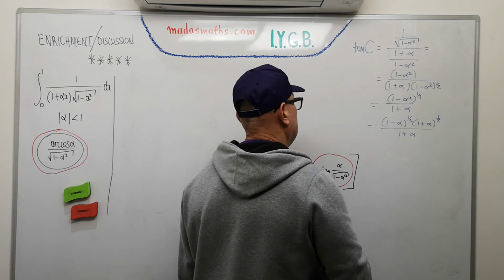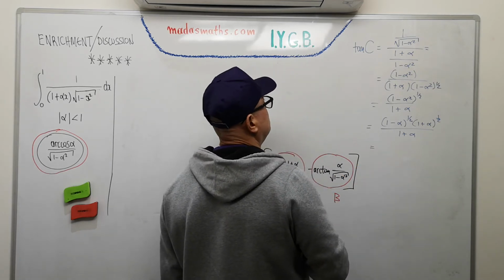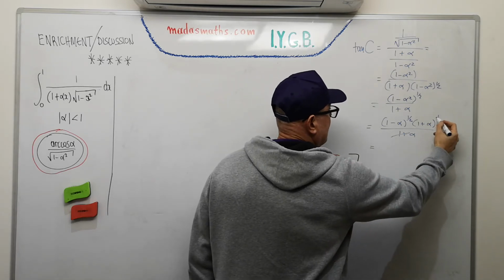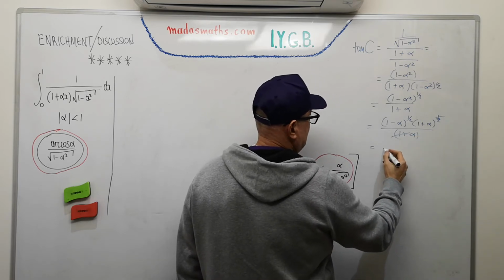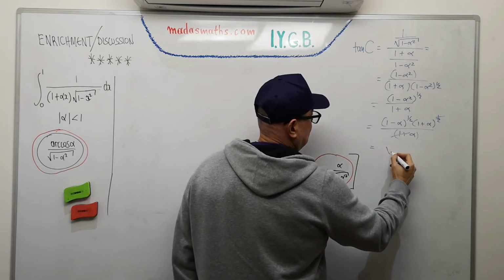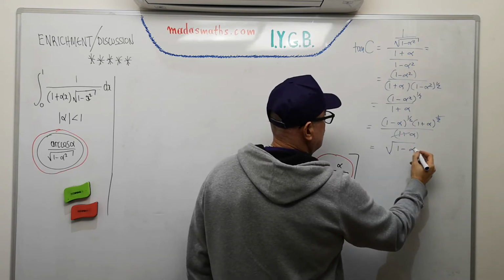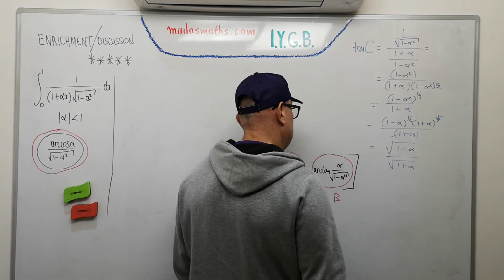And believe it or not, this is a little bit semi-tidy compared to what I was thinking it might turn out to be. This now cancels that, but it will leave me to the half at the bottom. So the final answer for this is the square root of 1 minus alpha on the top over the square root of 1 plus alpha at the bottom.